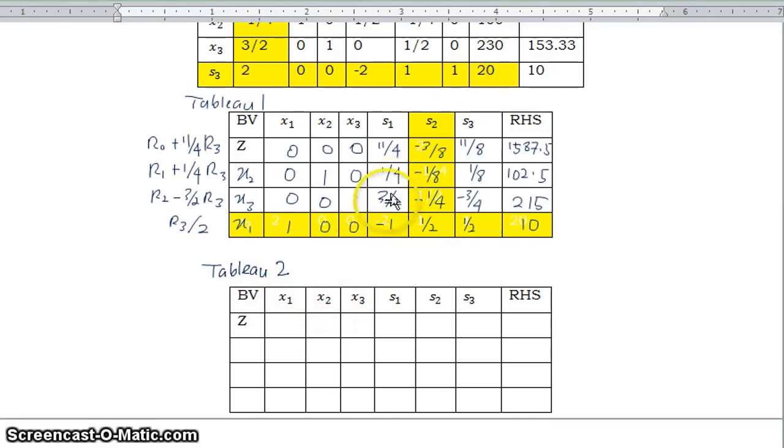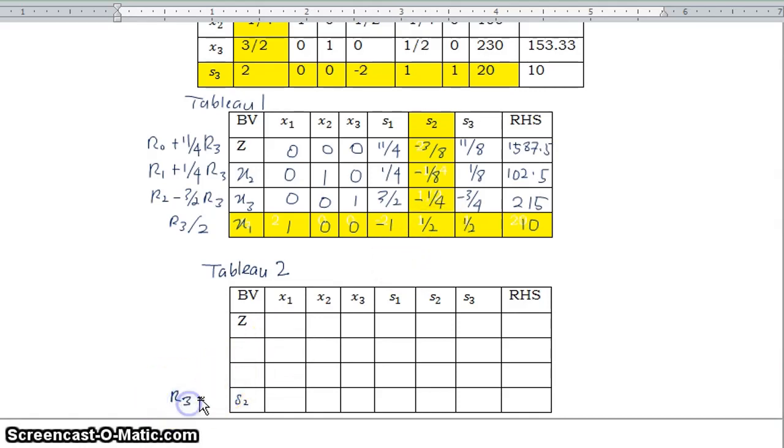Okay, now S2 we replace x1 as basic variable in row 3. And we need to change the coefficient of S2 in row 3 to be 1. So to get 1, we need to multiply the whole coefficient in row 3 by 2.